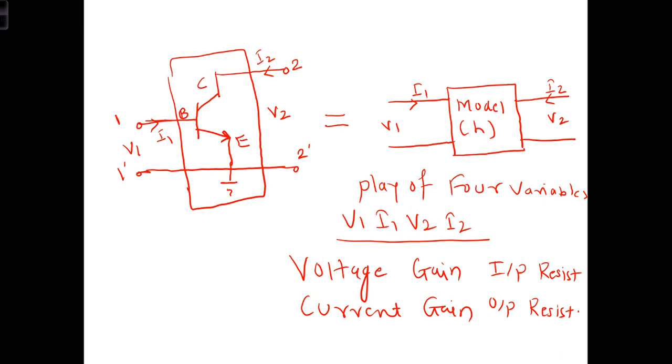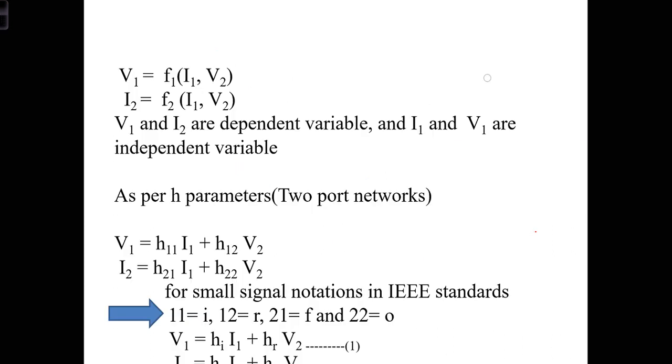Now let us see the actual representation. What is H parameter? As I told you, we are considering V1 and I2 as dependent variables, that is, the input voltage and output current. On whom are they depending? They are depending on I1 and V2, which we are considering as independent variables.